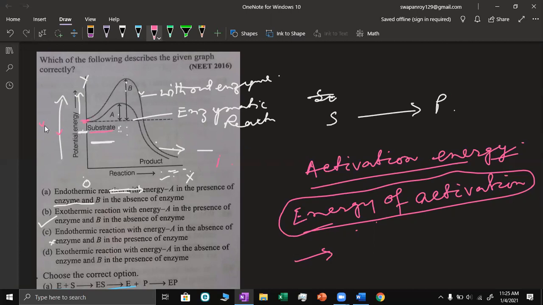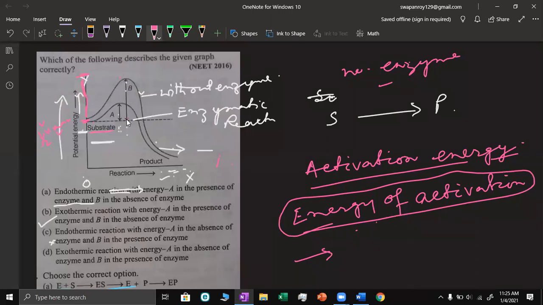This is sometimes called half Vmax, the velocity of maximum velocity of the reaction. If there is no enzyme, then whatever amount of energy from here to here, that much energy needs to be given from outside.